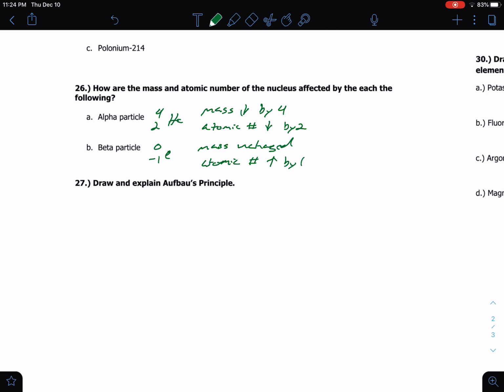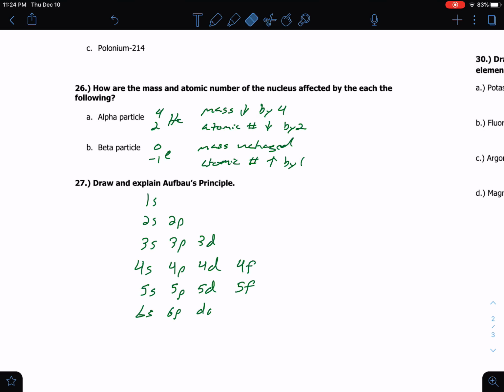Aufbau's principle is when we did this, it was the 1s, 2s, 2p, 3s, 3p, 3d, 4s, 4p, 4d, 4f, 5s, 5p, 5d, 5f, 6s, 6p, 6d, and then you had 7s and 7p. And then we drew the arrows through it.